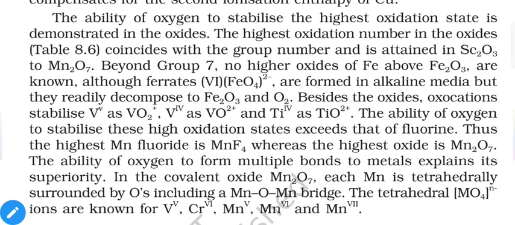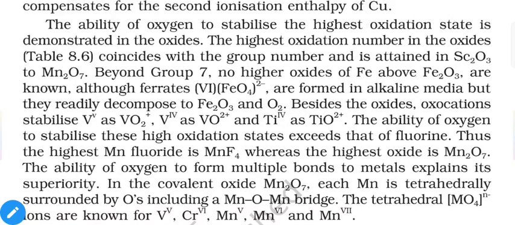So the highest oxidation number in the oxides in Table 8.6 coincides with the group number and is attained in Sc2O3 and Mn2O7. Beyond group 7, no higher oxidation states of oxides are available above Fe2O3. Although ferrate, that means Fe+6, is possible, it will readily decompose to Fe2O3 and O2.